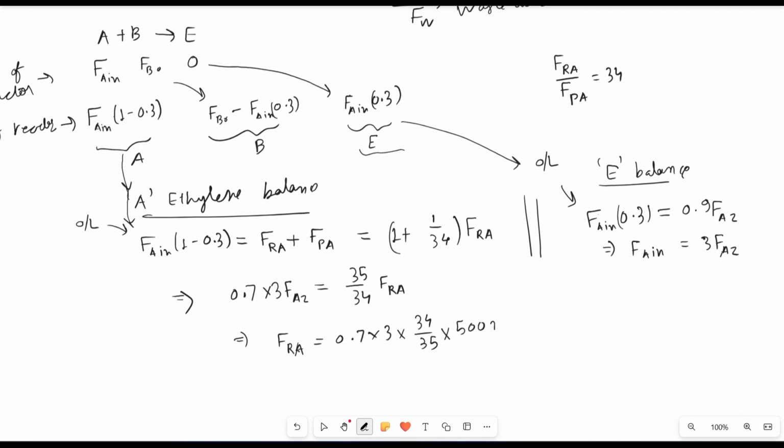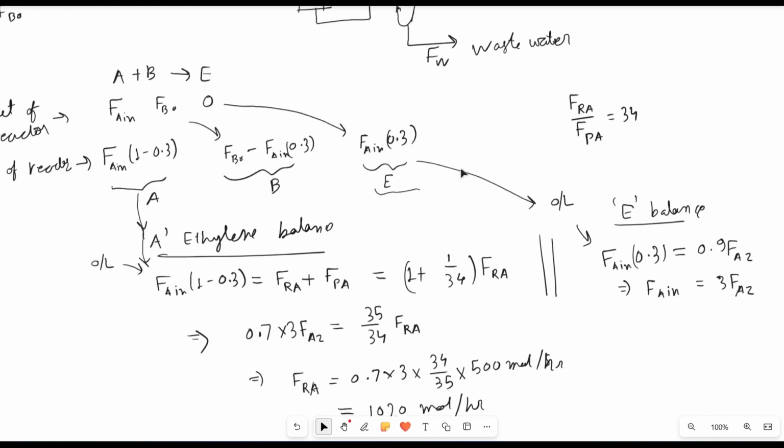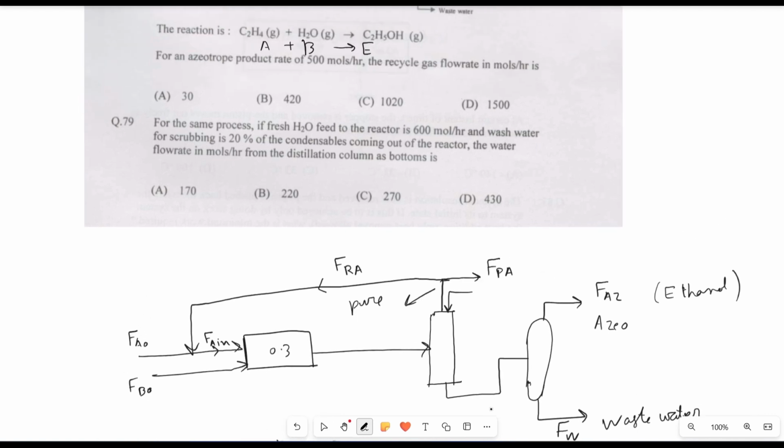This will be equal to 1020 moles per hour if you do the calculation on a calculator. So the answer is option C.